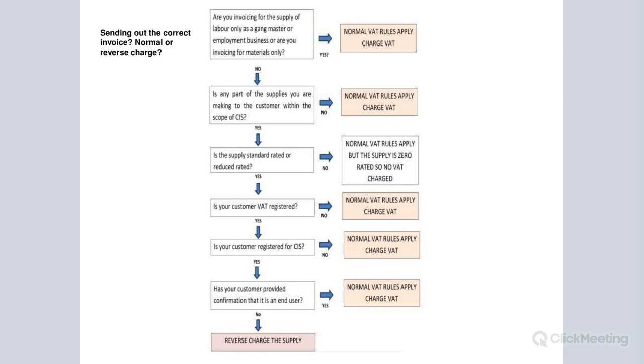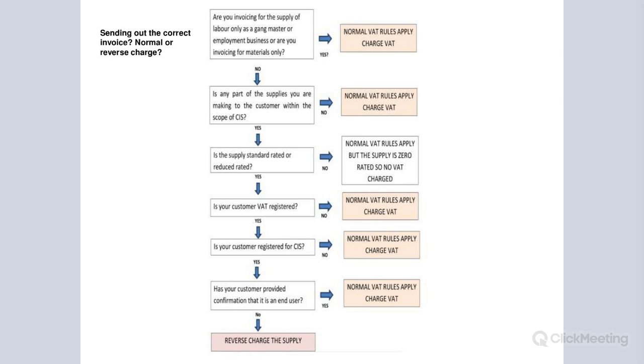But you want to know one more thing. Has your customer provided you with an end user statement? I'm going to explain what end users are, but generally speaking, an end user is somebody that's going to sell a building, lease a building out, or sit in the building and work from it.